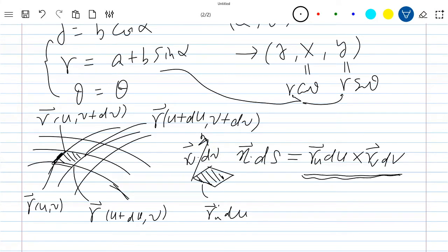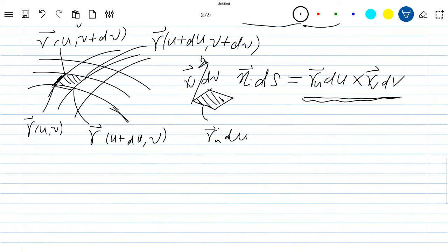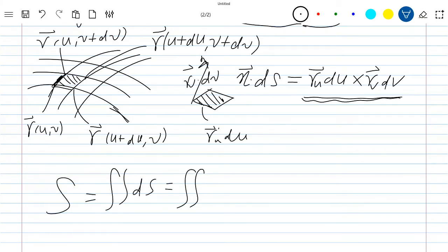So we can integrate the area. If you want the total area, just integrate over dS, right? And how do you find dS? dS is the norm of this vector, because n is a unit vector.